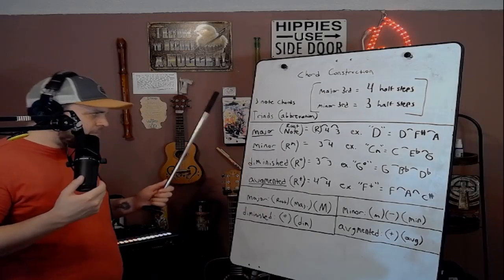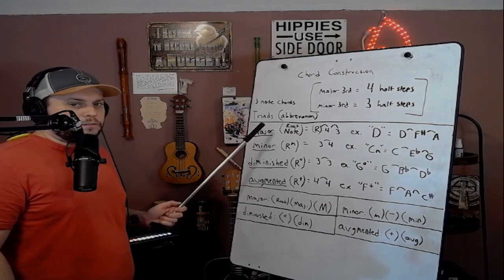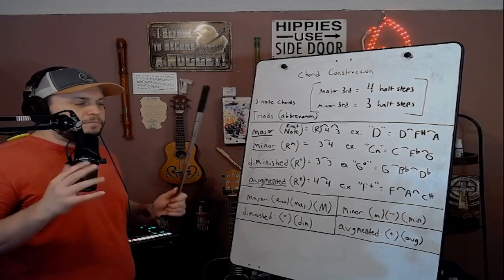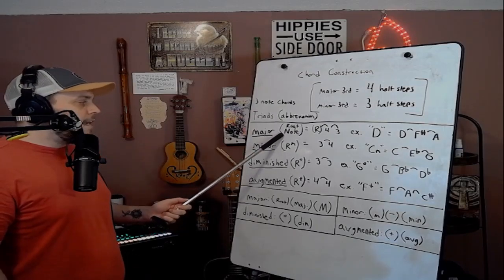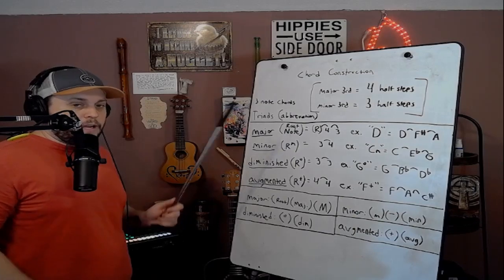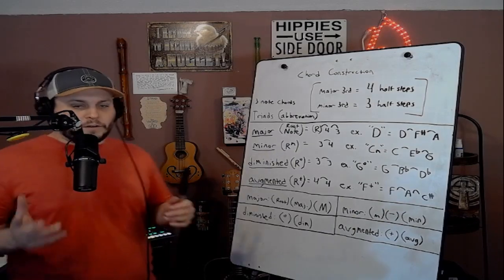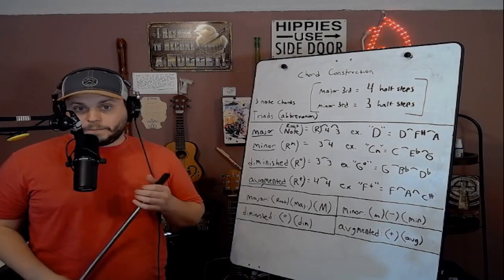So the first triad that we're going to cover is called a major triad, okay? C major, G major, A flat major. We'll go through them. So in the parentheses, it says just root note. I'm sure you guys have heard someone say before, hey, I'm playing a C chord, I'm playing a G chord.